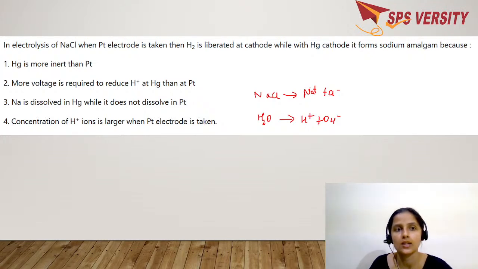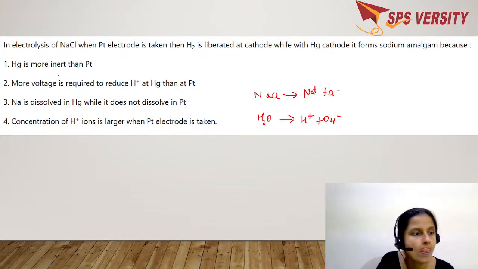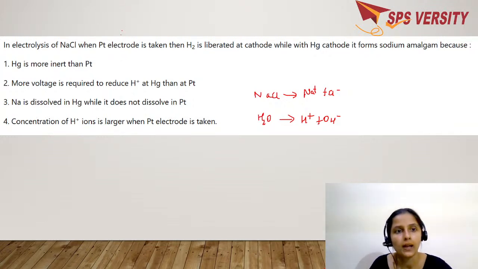Platinum doesn't react, it is an inert electrode. This just acts as a source or sink of electrons. So platinum is used as an inert electrode. Then you would see hydrogen gas liberated at the cathode. H plus is a cation and its reduction potential value is greater than sodium.